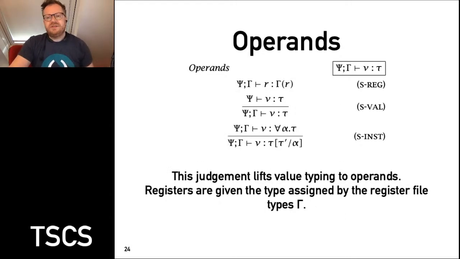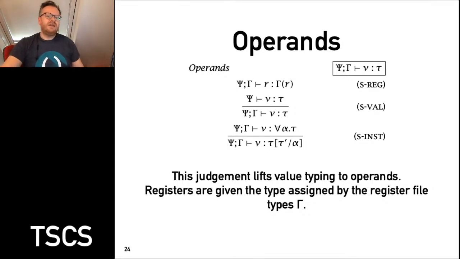These are the operands of this thing, so it's typing for operands. This is just register typing. This says, okay, you can type under Ψ and Γ, R as the proper type denoted in the register stack.